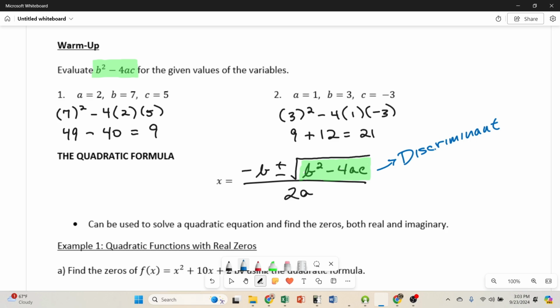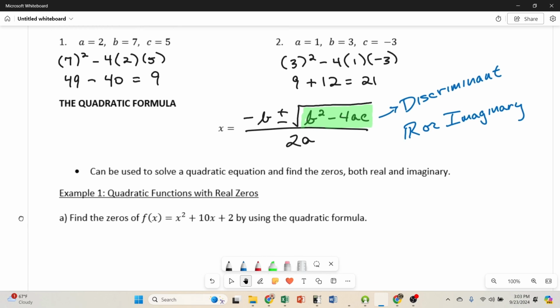So that's called the discriminant, and what that does is determine whether an answer is either real or imaginary. So whether our answers are going to be real or imaginary is determined by the discriminant in the quadratic formula. And the quadratic formula does tell us what the zero values of a quadratic are. It helps us solve it.